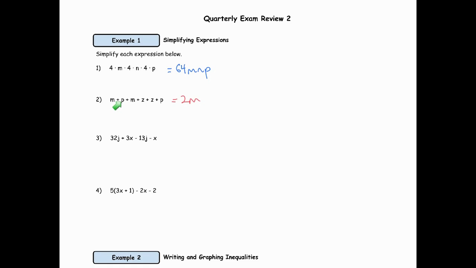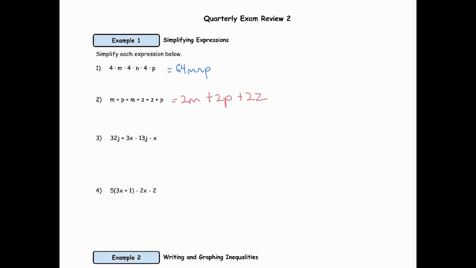And then we could do the same thing with the p terms. We have a p and a second p, and that's being added as well. So we'll have plus 2p. And then finally we have our z terms. And we can see that that second z is being added as well, and the first z is, so we have plus 2z.